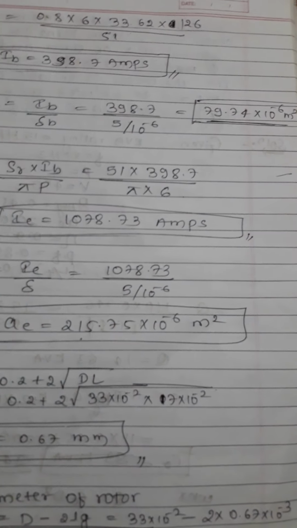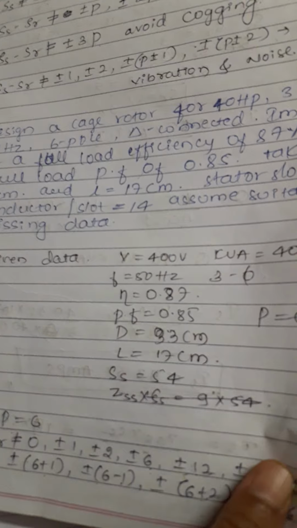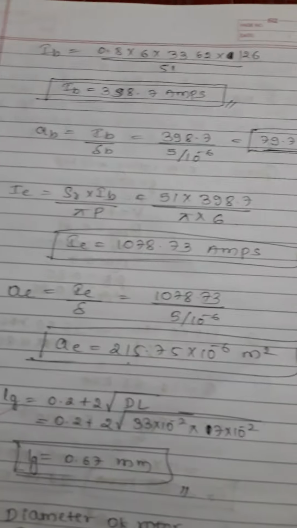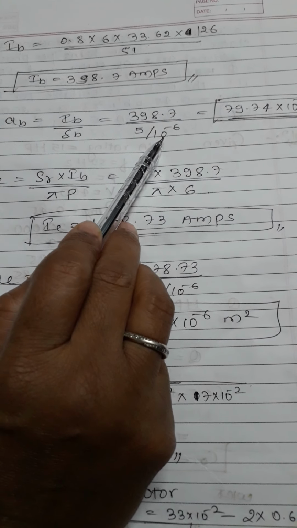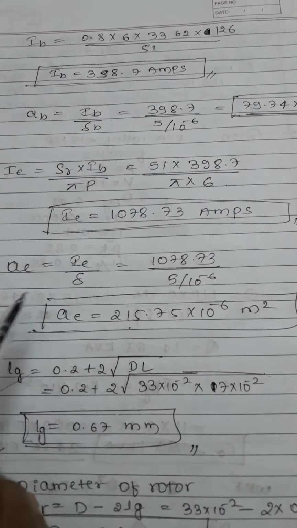See, delta B is nothing but current density. If current density is not given, as here, we always have to assume 5 ampere per mm square current density.